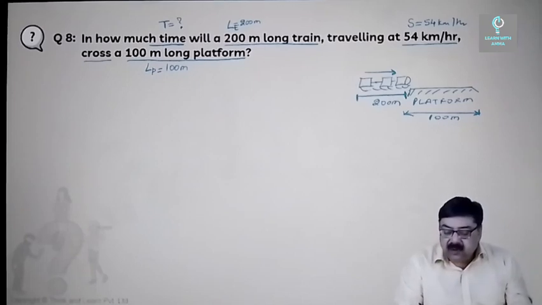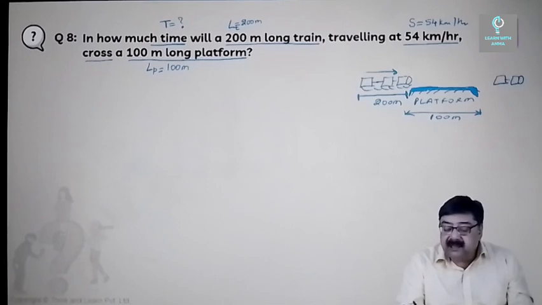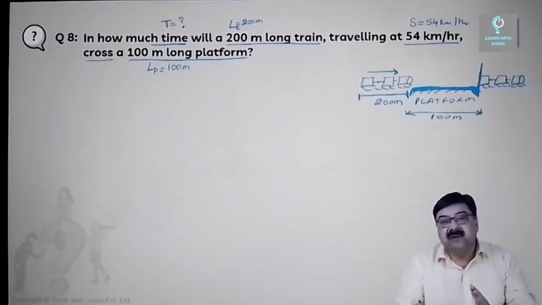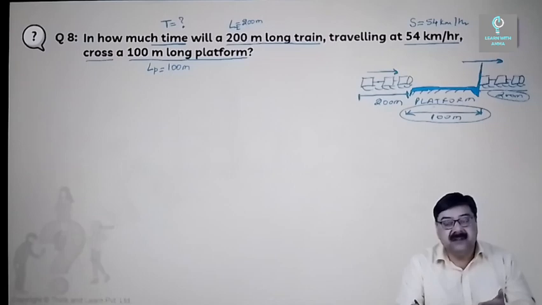First, it will have to cross this length of the platform till here, and then it will have to cross its own length as well. So when do we say a train has crossed the platform? When its last bogie has crossed the platform. So in that case, this train has to cover this 100 meters as well as further 200 meters because it has to cross itself completely.